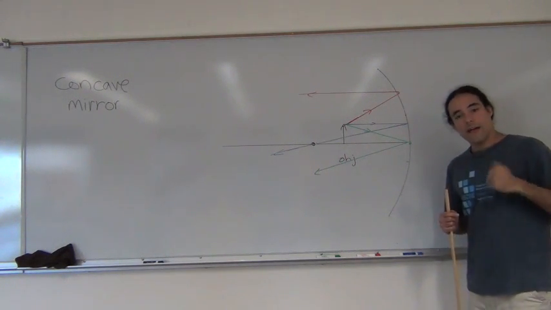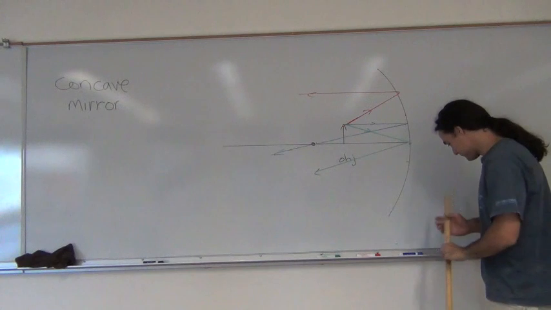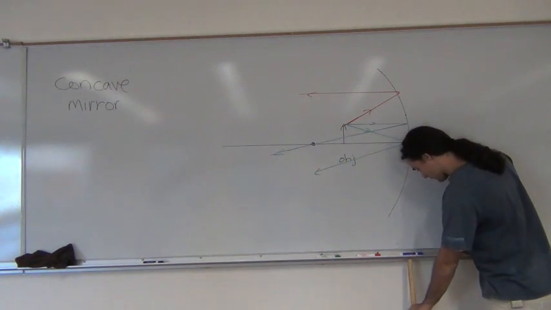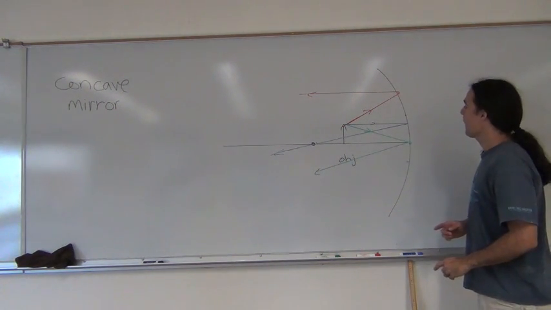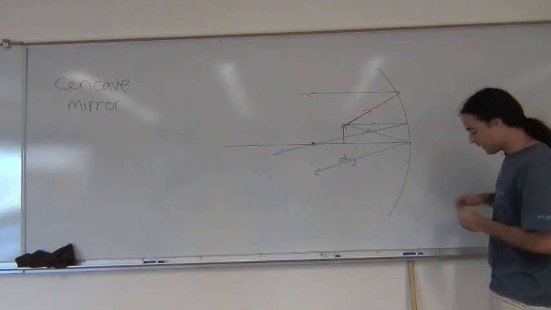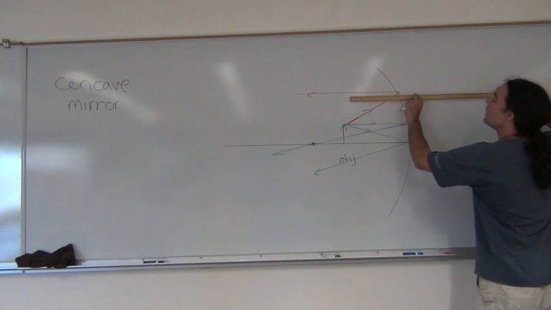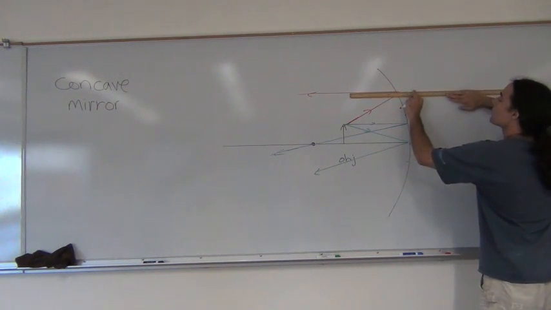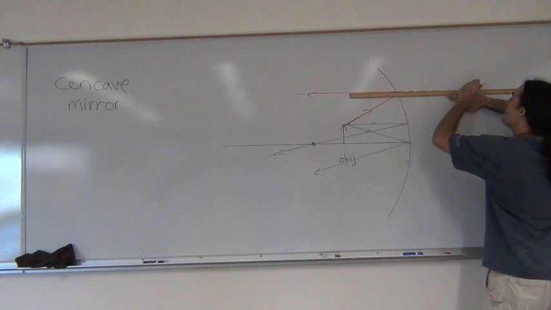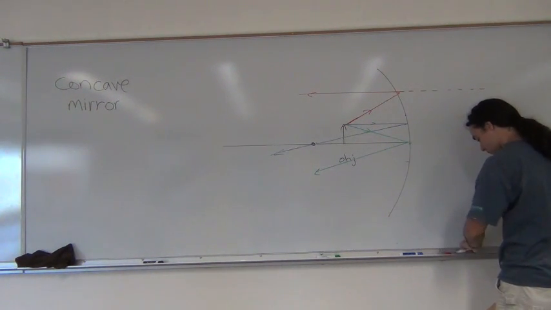Okay, where does the light, the reflected light, appear to be coming from? Well, let's see. My red light appears to be coming from somewhere over here. Let's actually trace that out a little bit carefully. My reflected ray appears to be coming from somewhere behind the mirror.